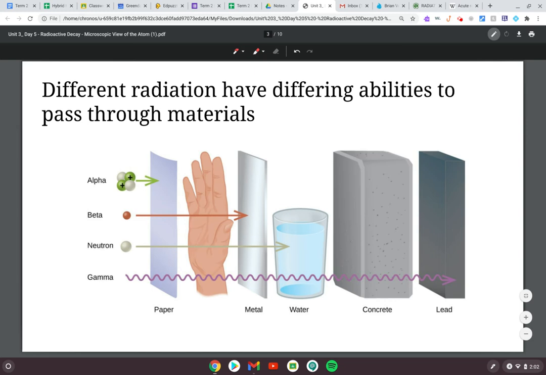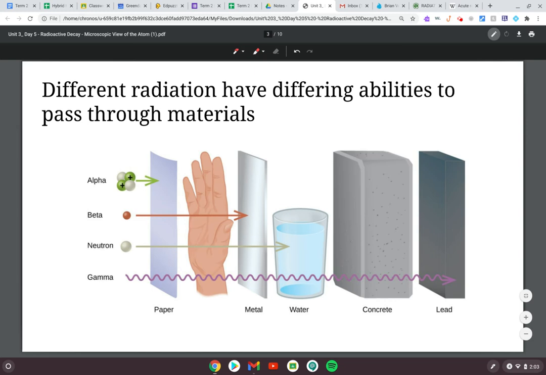But the difference is that aluminum atoms are a little bit more densely packed together than, say, paper or your clothes. And we're not really talking about the neutron in this particular unit, but the neutron is a little bit more penetrating. And then the most penetrating of the particles is the gamma radiation, which is again that large packet of energy that's given off by an unstable atom.